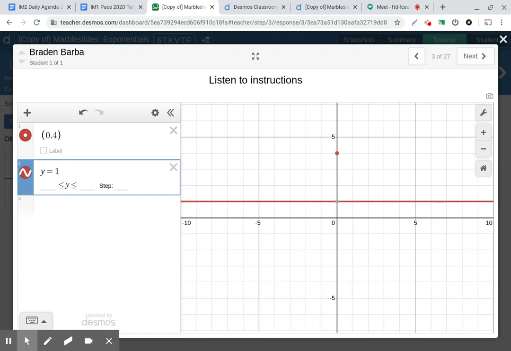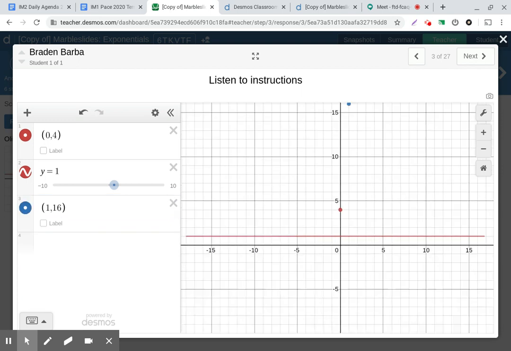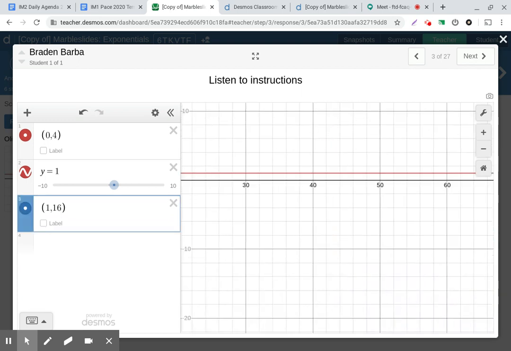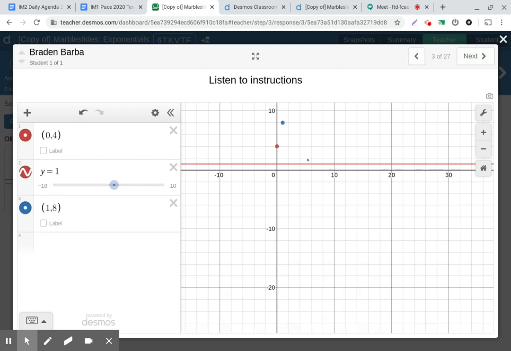So your equation has to hit 1, and it has to hit 1, 16, because we're multiplying. Oh, let's just double it, so it's not too bad. Okay, but it can't cross my asymptote. It can't cross this red line. This is harder.